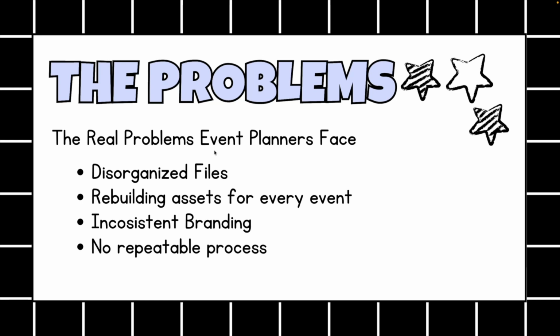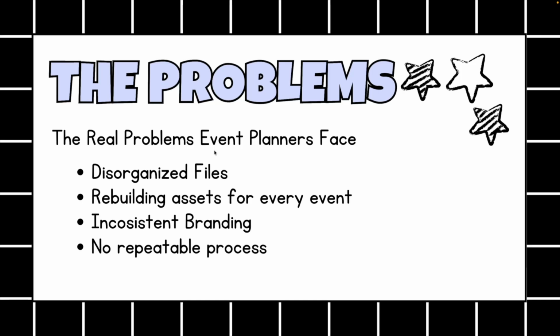And the next problem is the struggle with inconsistent branding. Every business struggles with this, but I think event planners struggle with this the most. Inconsistent branding can really confuse both the team that you have as well as the audience you're serving, which will ultimately affect the overall event perception, right?